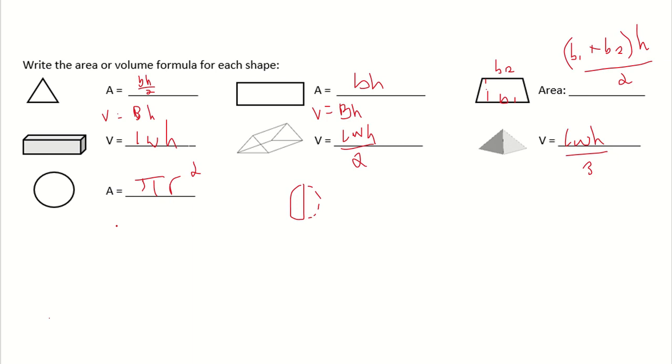You would do the area of a full circle, but then at the end divide your answer by 2. Same with quarter circles. If you were asked to find the area of a quarter circle, you would find the area of a full circle, but at the end divide by 4.